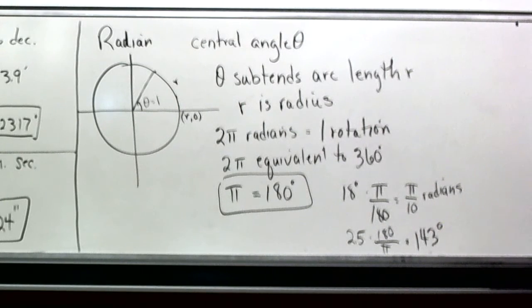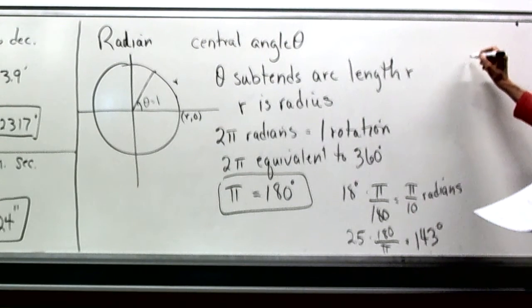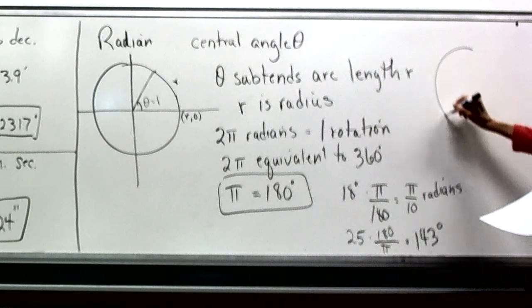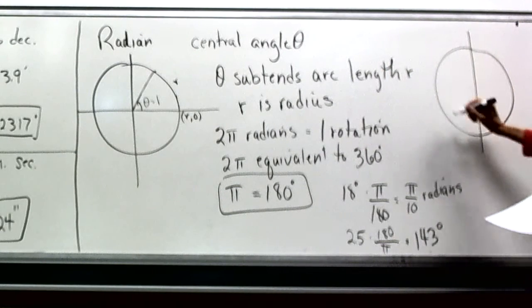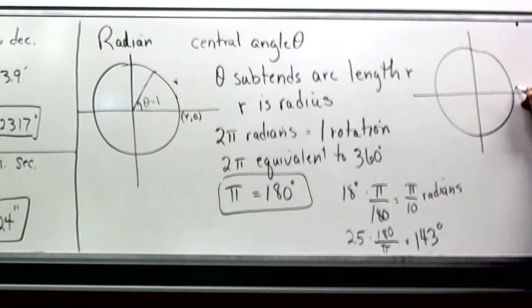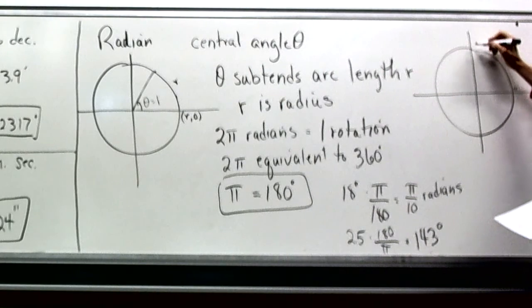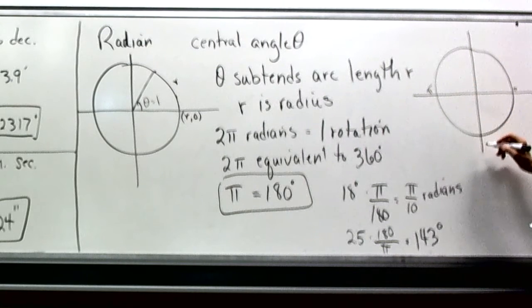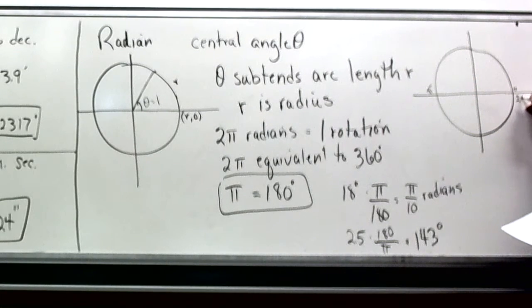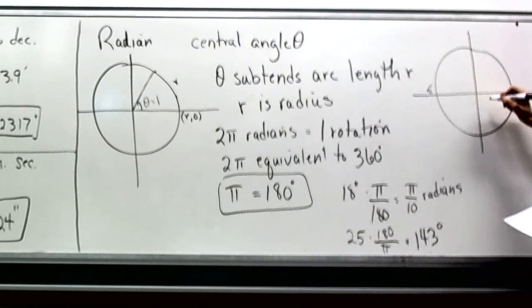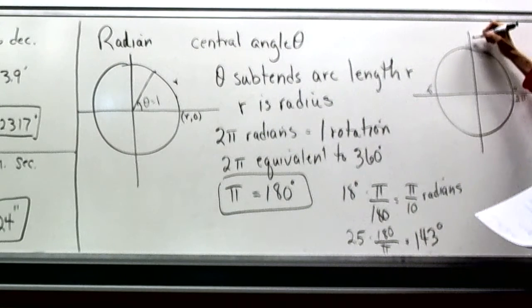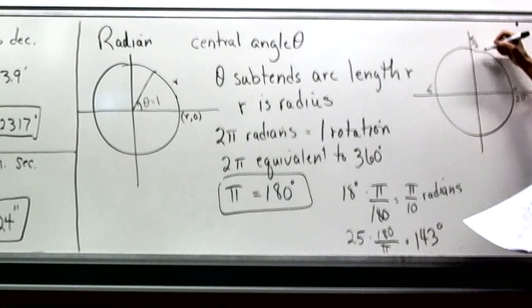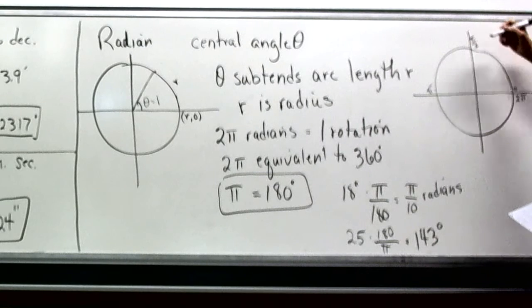Just to get a feel for what radian sizes are, let me do one more picture over here. If we start here at 0 radians, this would be pi radians, or equivalent to 180, and then back here would be 2 pi. That would be a complete rotation. This would be pi over 2, or approximately 90 degrees.